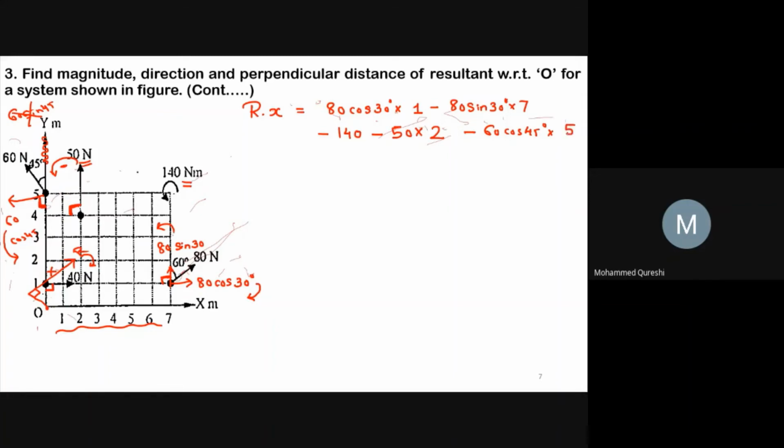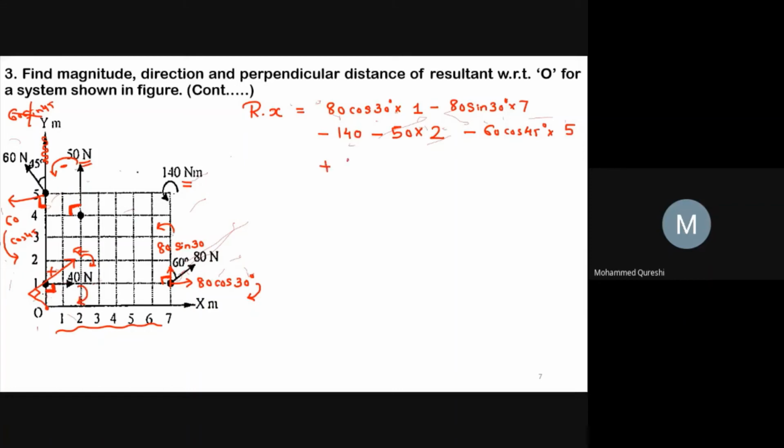So 5, and this 40 Newton force makes a perpendicular distance with respect to point O as 1, and this will move towards point O in the clockwise direction.